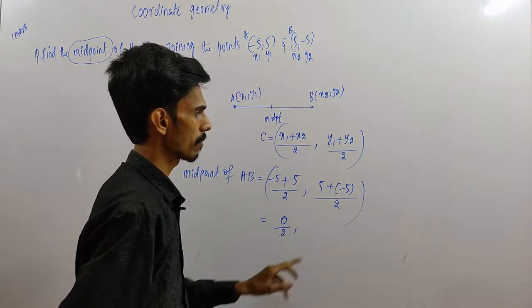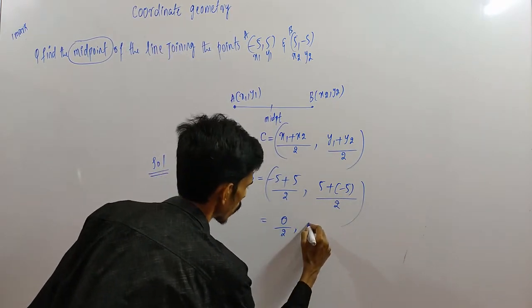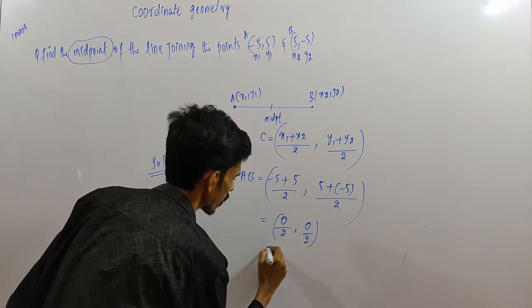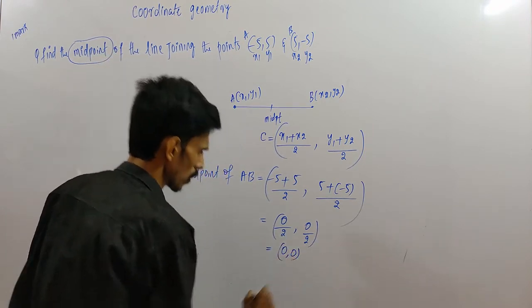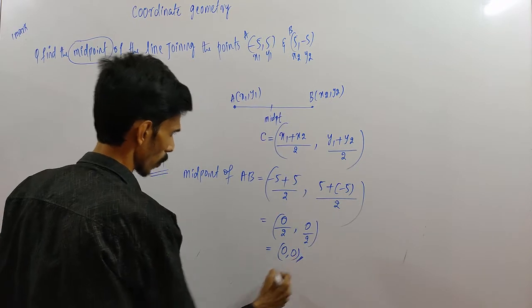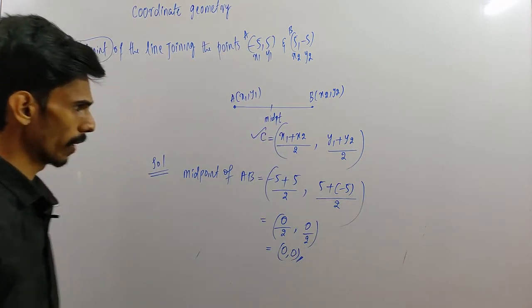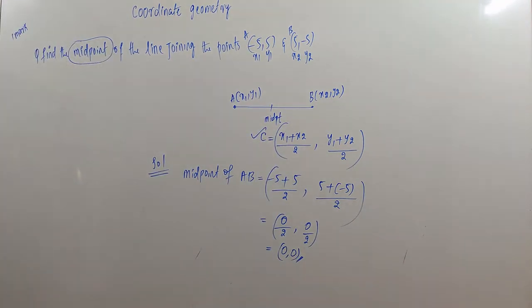Plus into minus, we have minus 5 minus 5, we have 0 by 2. 0 by 2 value is 0 only. So we got midpoint as (0, 0). Remember this formula for midpoint: (x1 plus x2) by 2, (y1 plus y2) by 2.